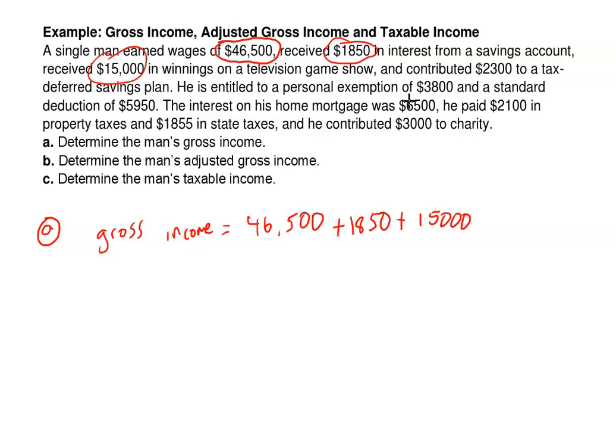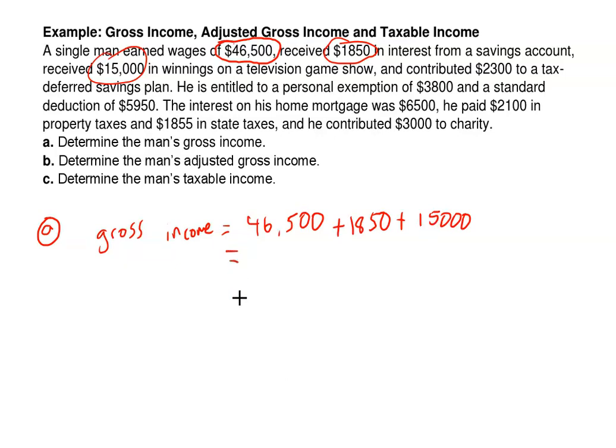And that seems to be it. Now, this person contributed $2,300 to a tax-deferred savings plan, but that's not income. That's money going into a savings account, not money coming in as income. So this is all the income that's mentioned in the problem.